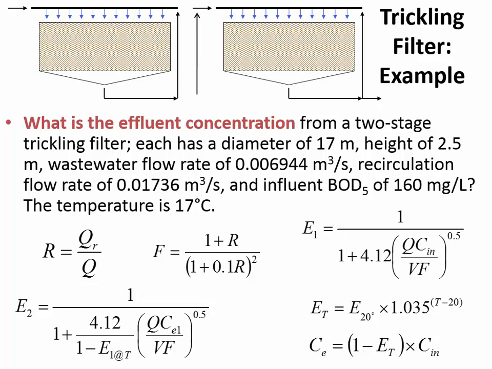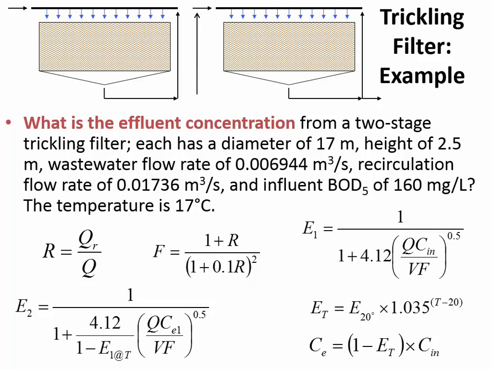Put in the volume, and then the factor for F. We have to take that to the 1/2 power, because that's in the formula there. So the efficiency for these conditions would be 0.8914.